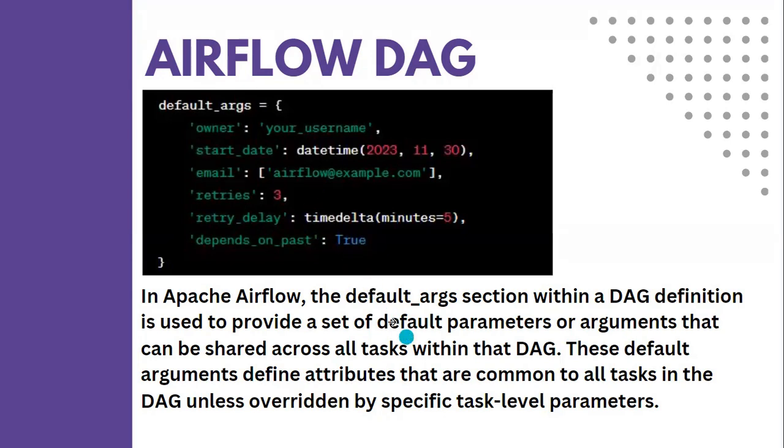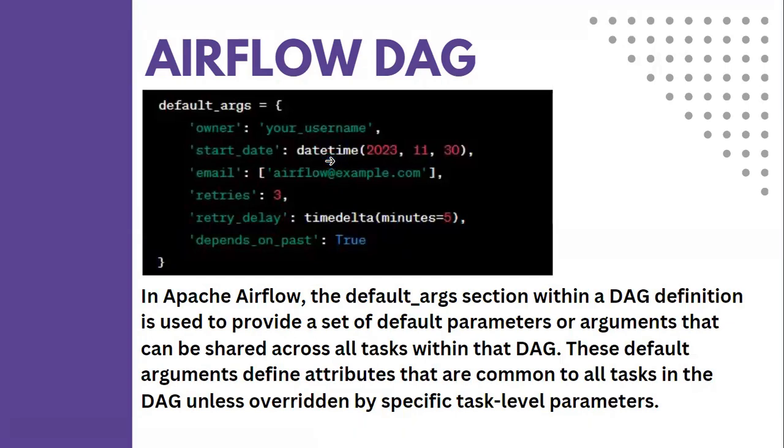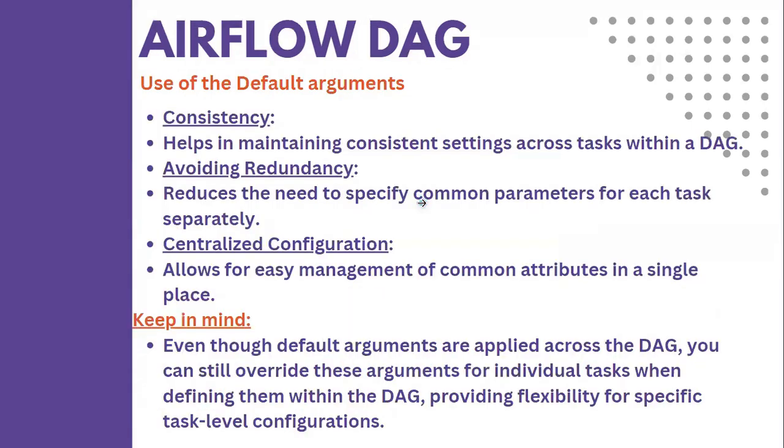So that's the reason we pass the common parameters using the default arguments for each task. These default arguments define the attributes that are common to all the tasks in the DAG, though you can even override them with task-level parameters. But most of the time we pass the common parameters using the default arguments, like start_date, email, retry_delay, depends_on_past, all these things.